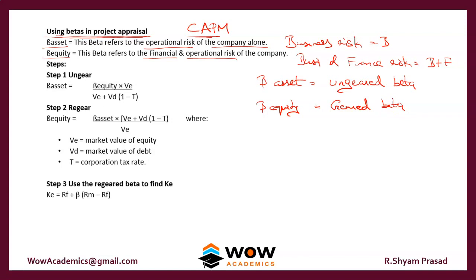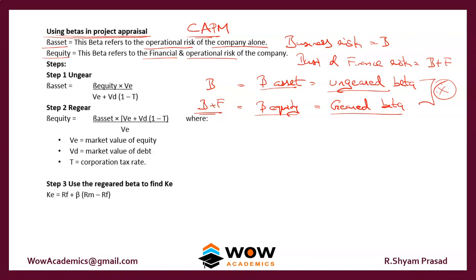So just ensure that you understand and memorize this concept. Asset beta is called ungeared beta and equity beta is called geared beta. The asset beta refers to the business risk alone and the equity beta refers to the business and finance risk put together. So that's how the concept works.